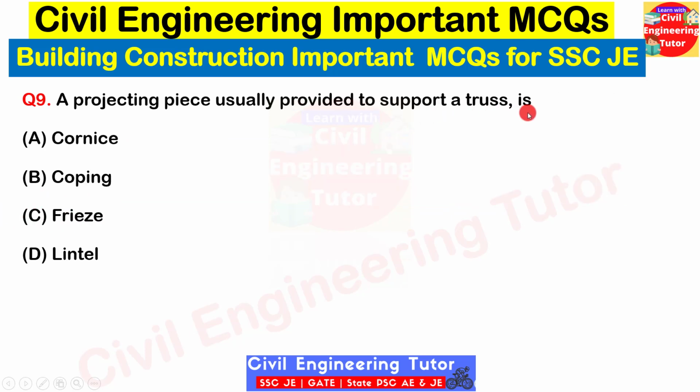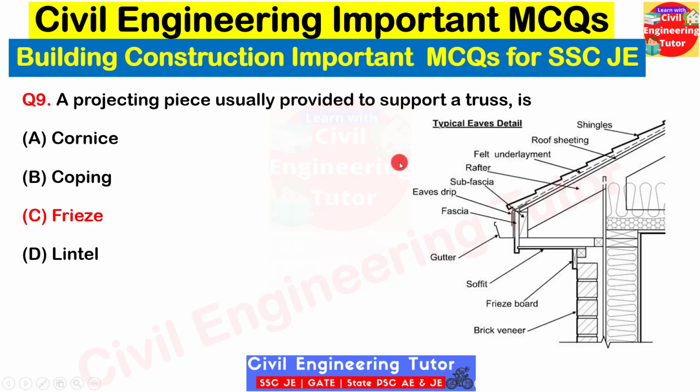A projecting piece usually provided to support a truss is cornice, coping, frieze, or lintel. So the correct answer for this case will be frieze. Here you can see a typical diagram of an eave type roof or eave type truss, and frieze board is provided to support the roof truss.